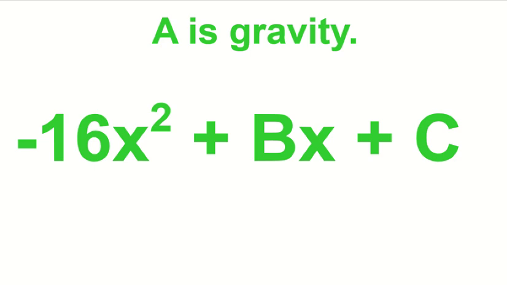is typically gravity. There are two different ways that can be shown. One is for when the units are feet. When the units are feet, you'll see the -16 there. Gravity pushes things down. That's why it's a negative number. Scientifically speaking, gravity is about -32 feet per second squared.